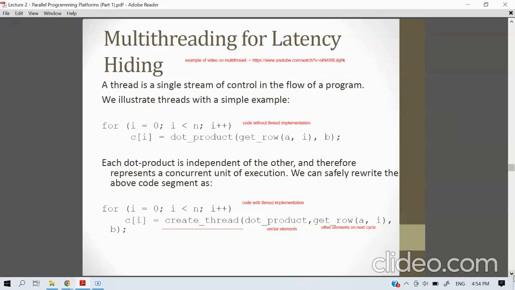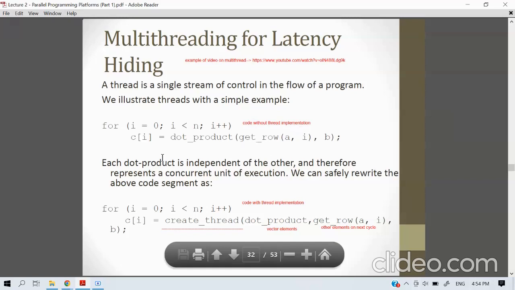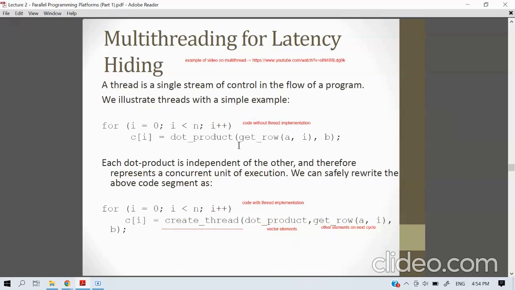All right. A thread is a single stream of control in the flow of a program. We will illustrate threads with a simple example. We have a for loop here, but the first one is without using any thread, just calling the method dot product.